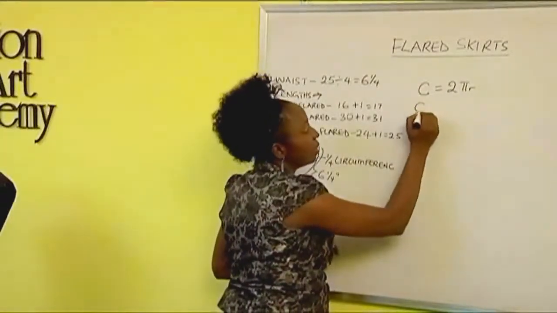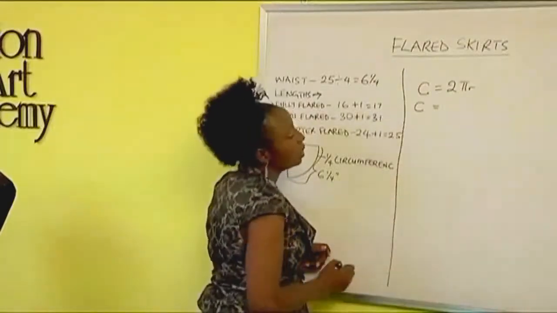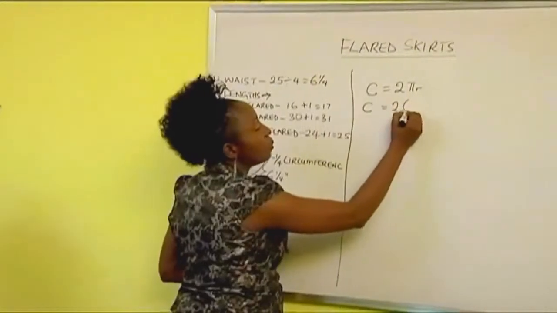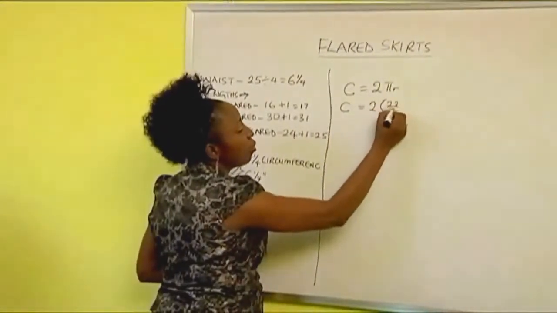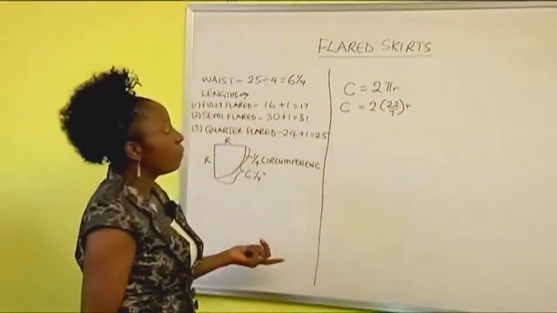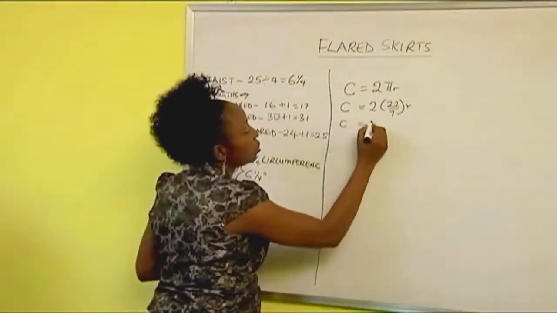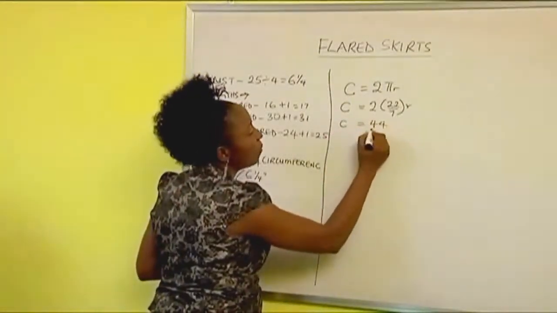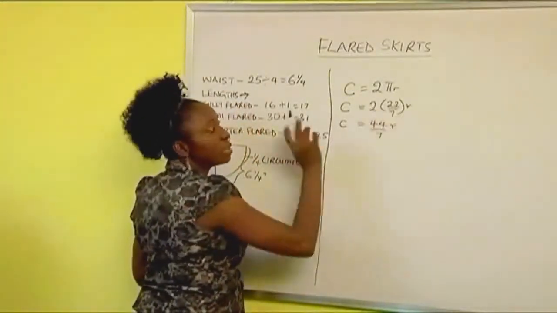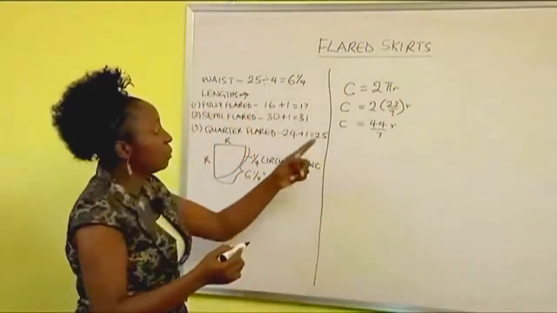So we'll start with this: C equals 2 into bracket 22/7 times r. I'm going to open that up a little, so I'll give you C equals 44/7r, because I just multiplied 2 times 22. That's all I have to do, and I get my 44/7, and that will multiply by r.